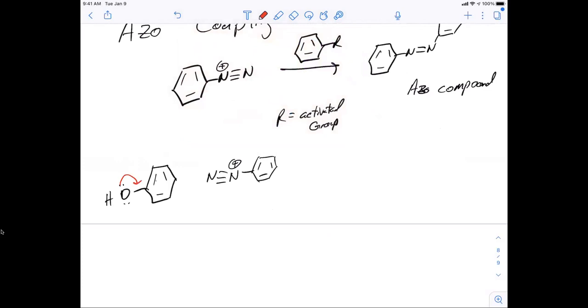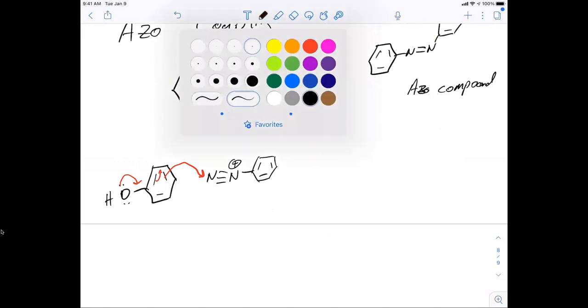Lone pair comes down. It's going to react favorably at the para. Ortho's also okay, but again, we got a lot of sterics with that large diazonium salt there, so it usually goes para.